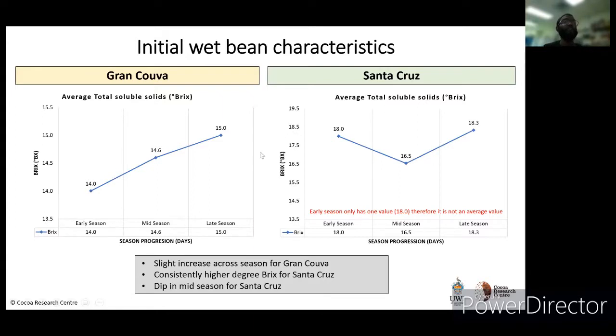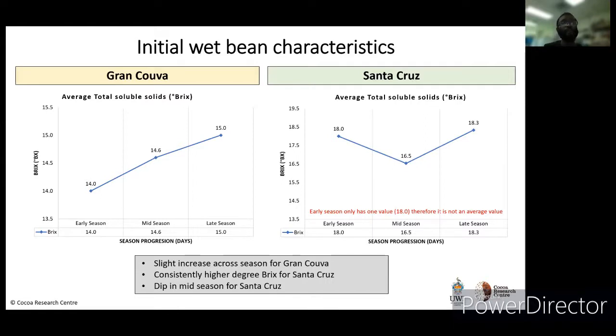If you look at the Vancouver area, you see a steady increase in the percentage of Brix from the early season to the late season, and this could be represented by the fresh pulp being sweeter from the early to the late season.